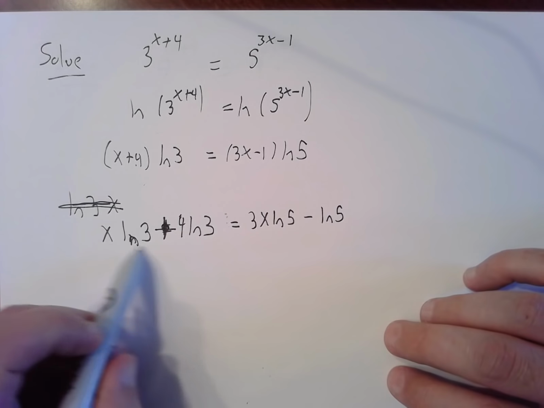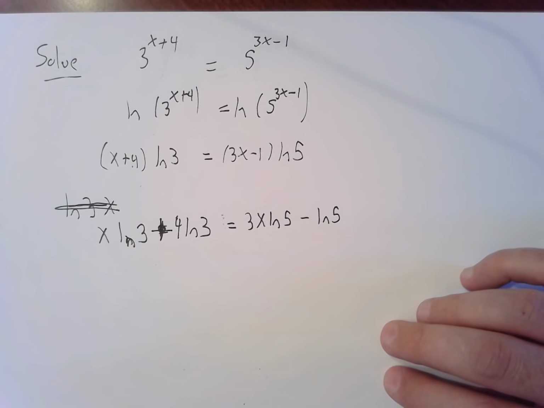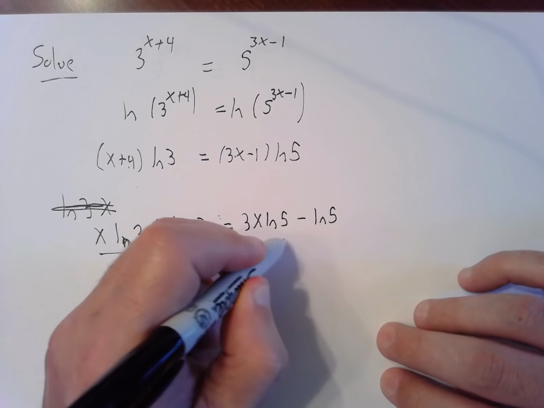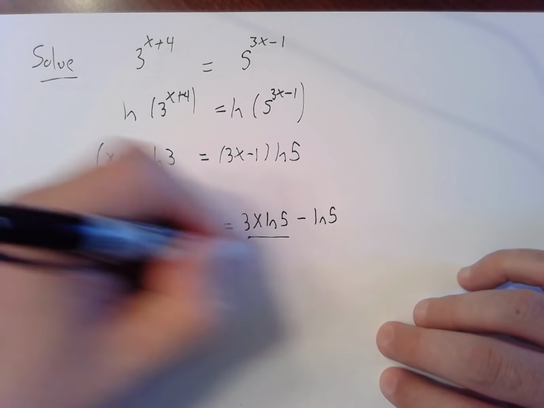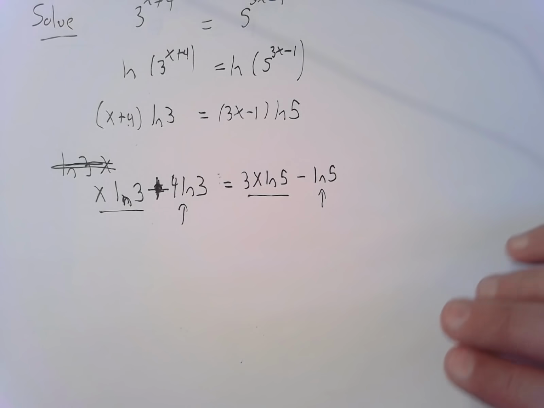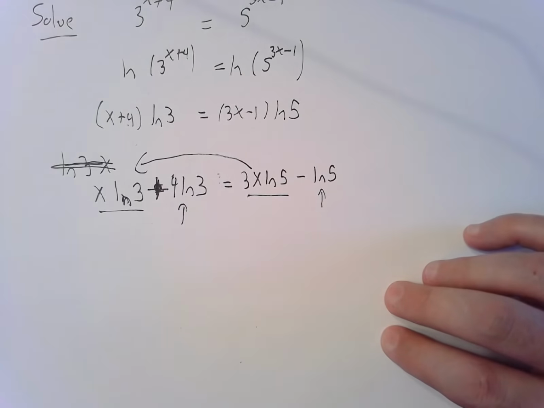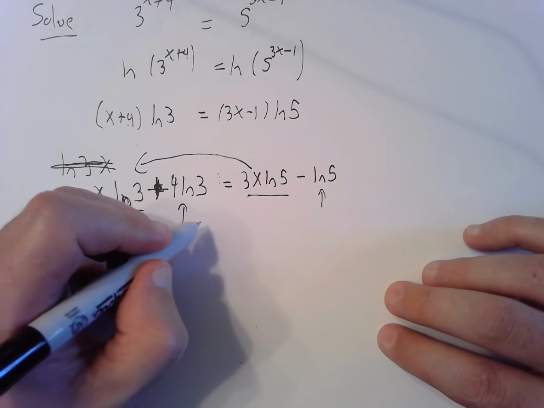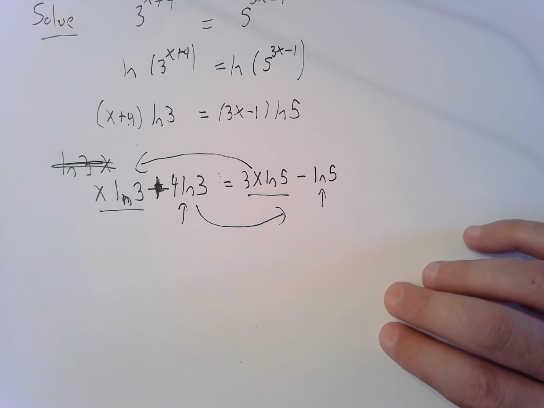Okay, now I have 4 terms: 1, 2, 3, 4. 2 of those terms have x's in them. 2 of them do not. I'm going to get everything with an x over on the left-hand side. So I'm going to take this guy, move him to the left. Everything without an x, move to the right.